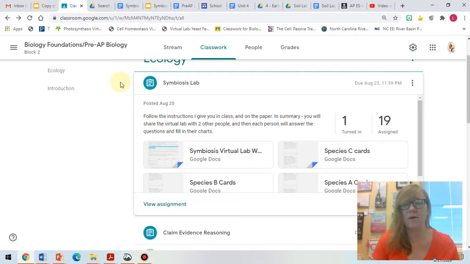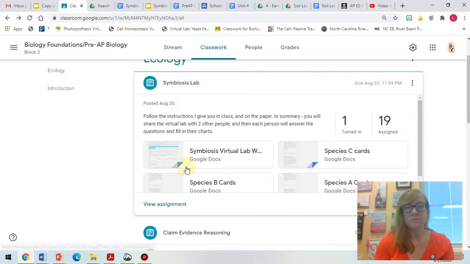That way you could work with your partners. If you're one of the people who wasn't here for whatever reason, I'm going to put a copy up in case you need your very own. Or maybe your partners went kind of fast and you didn't totally understand it and want to try it yourself. I will put that up there today.